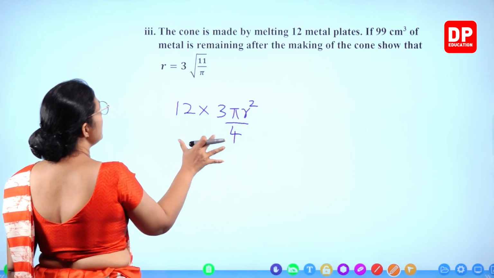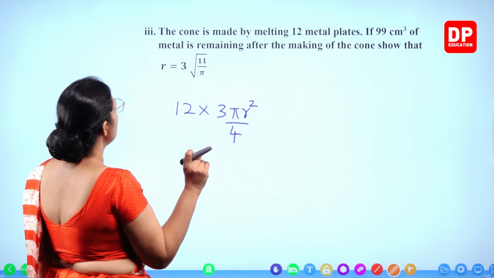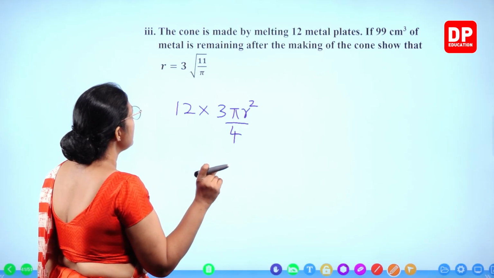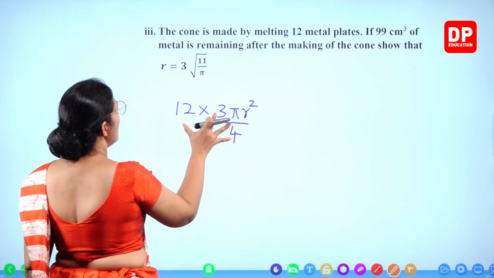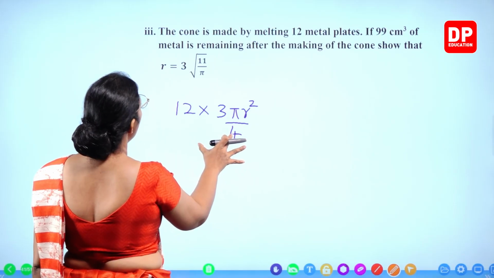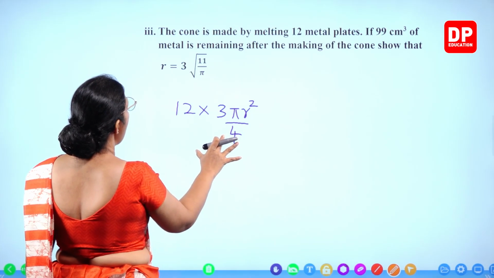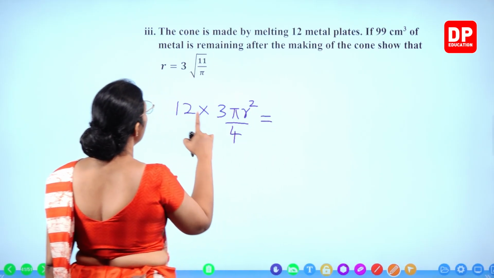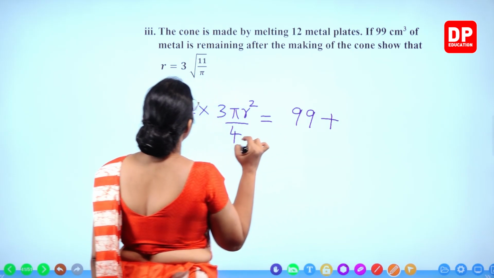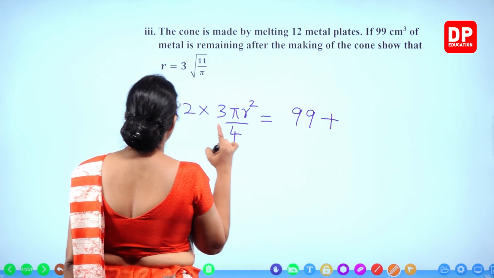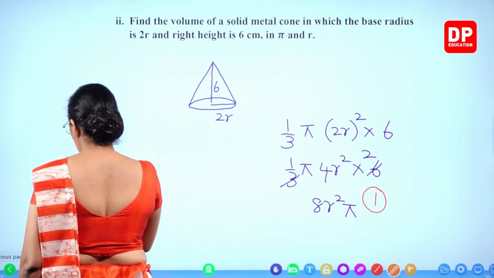So 12 of these is the cone, and it says if 99 cubic centimeters of metal is remaining after making the cone, show that r equals this. So this is the volume of 12 metal plates, and that's equal to the remaining part 99 plus the volume of the cone, 8r squared pi.